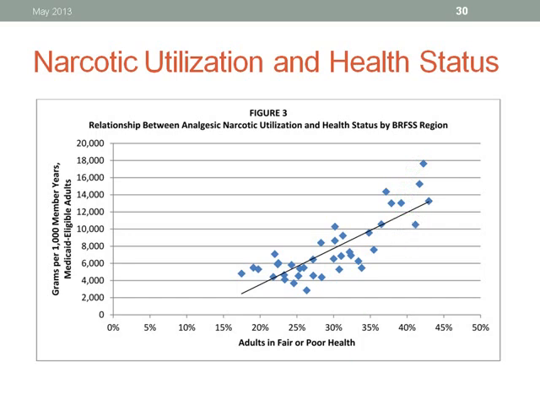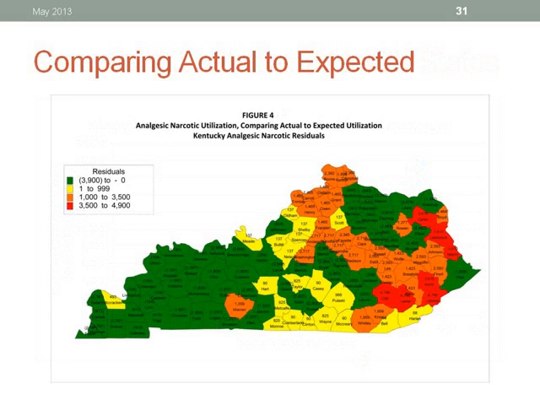So I produced a little map illustrating those residuals, and here you can see the size of the residuals, with green being below the line, meaning you have less analgesic narcotic usage than expected, and red being the highest amount, more than expected.